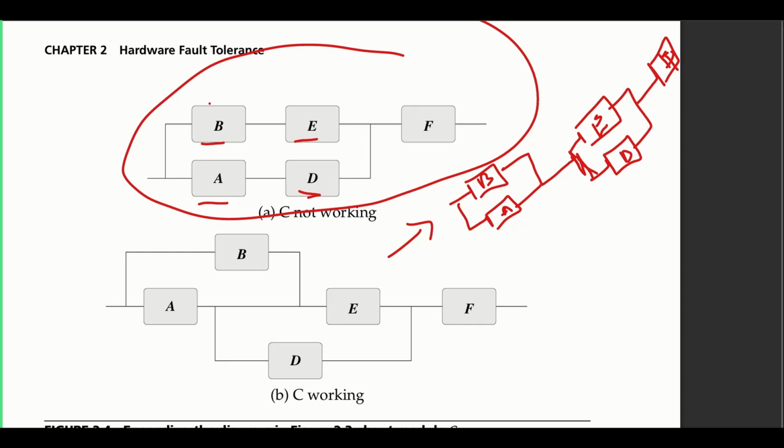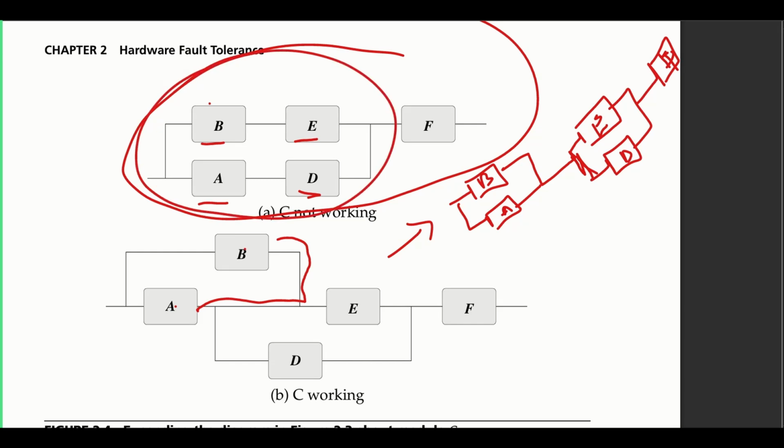Now, if you assume unidirectional, you can't assume that A and B are in parallel, because that would imply that the function can flow from B here, go back to A. But that doesn't happen.